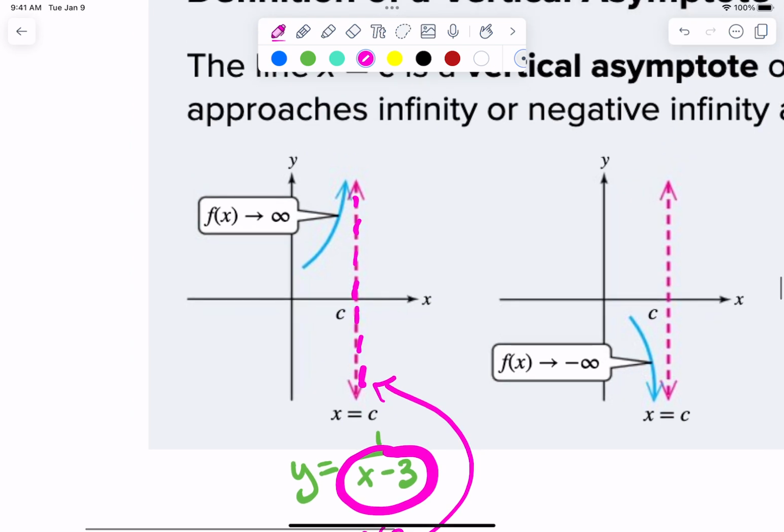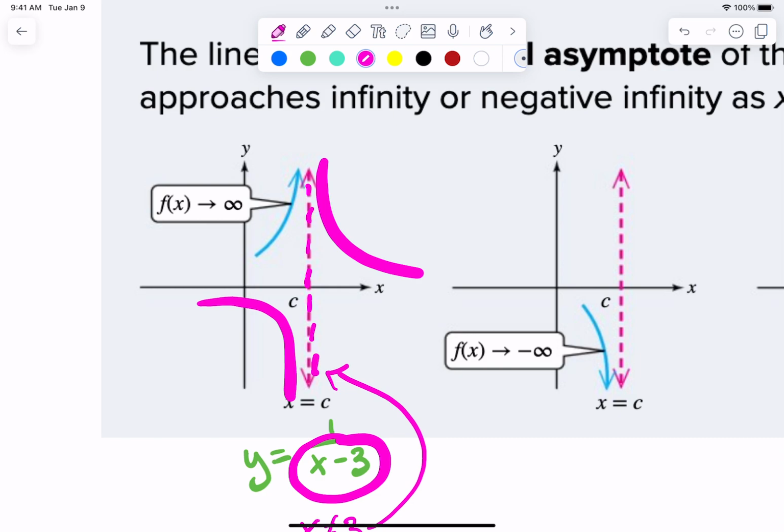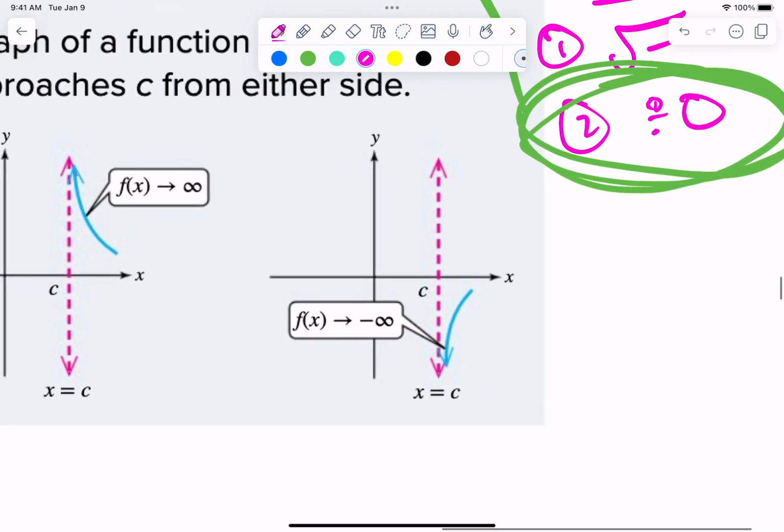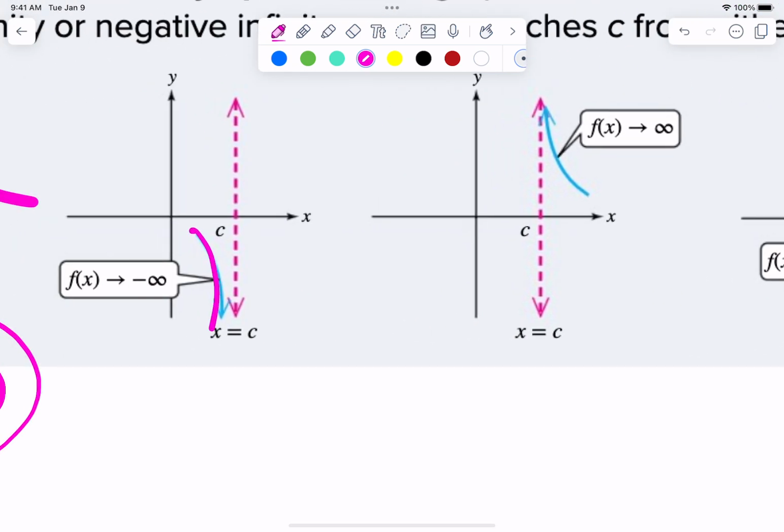And so what your boomerangy function looks like then is this guy and this guy instead. It's approaching 3, going to infinity or negative infinity. Your vertical asymptote's at 3.